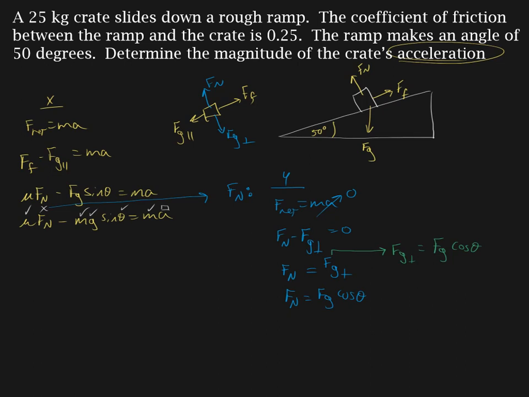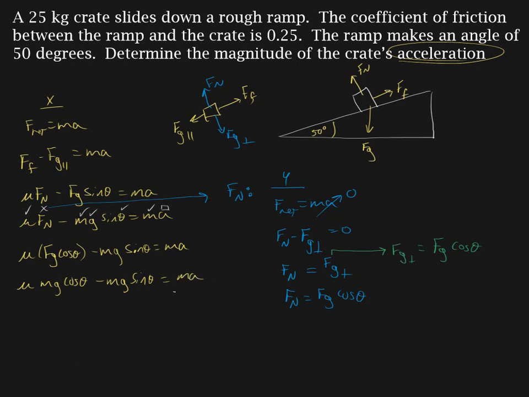So now rewriting everything, we get mu times FG cosine of theta minus mg sine of theta is equal to ma. And once again, we have to rewrite FG with an mg, so we get mu mg cosine of theta minus mg sine theta is equal to ma.